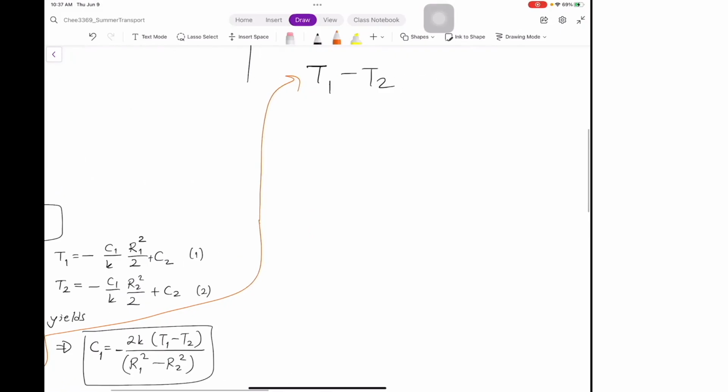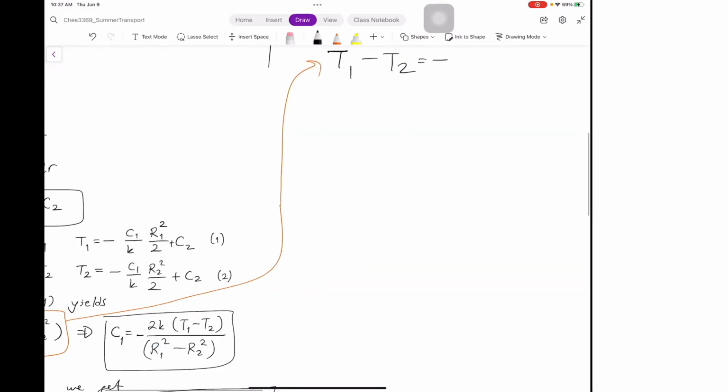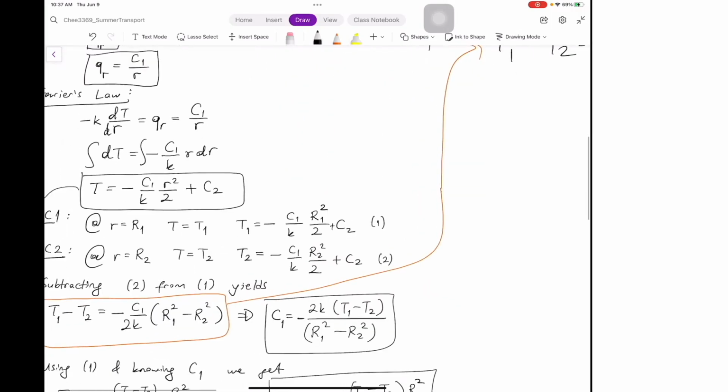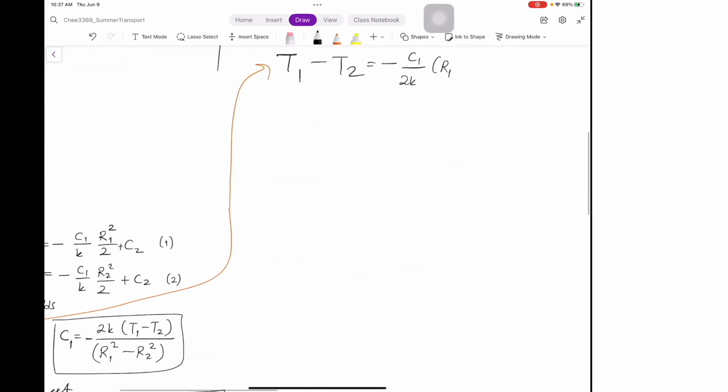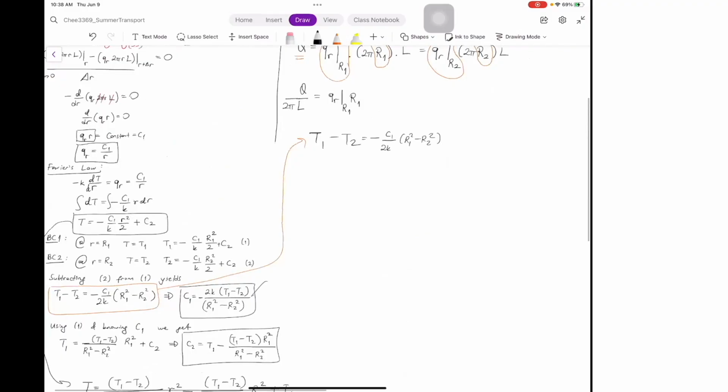And it says that we should know the C1 for this is equal to minus C1 over 2K, R1 squared minus R2 squared, correct? But now I'm not allowed to use the C1 because if I plug the C1 here, that's going to be like T1 minus TA is going to be equal to T1 minus TA.